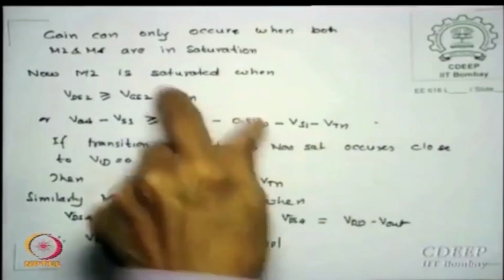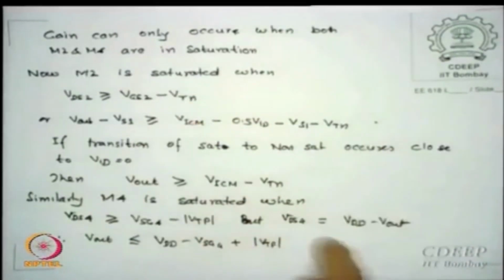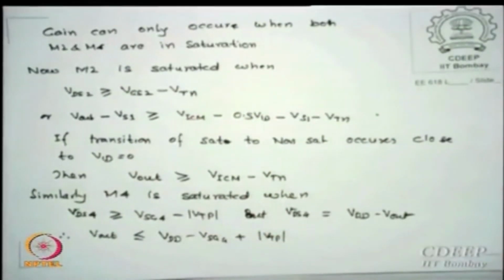So what is the range in which, because we are finding a bound, what is the maximum available to you is this much, okay. So if I do that analysis, VICM minus, actually VG2 minus VS1, which is VGS2 minus VTN. But what is VICM?